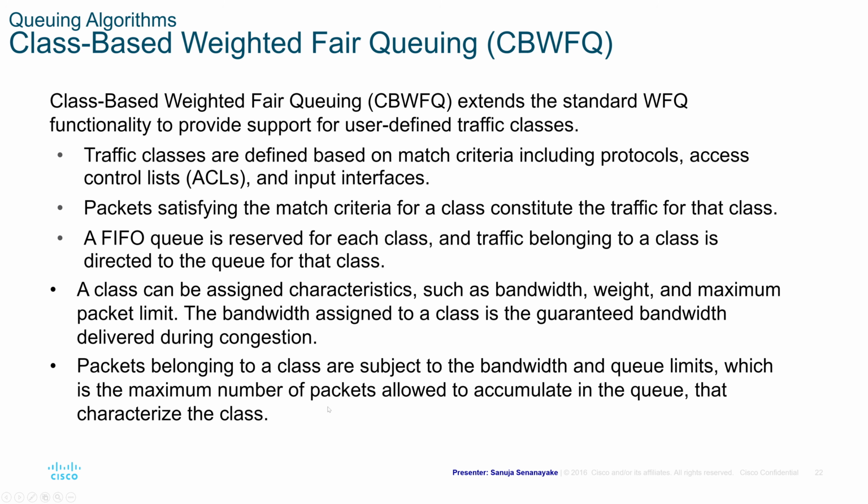The packets belonging to a class are subject to the bandwidth and queue limits, which is the maximum number of packets allowed to accumulate in the queue that characterize that class. So remember that. These are some basic information about weighted fair queuing, which we're going to continue on our next slide as well.